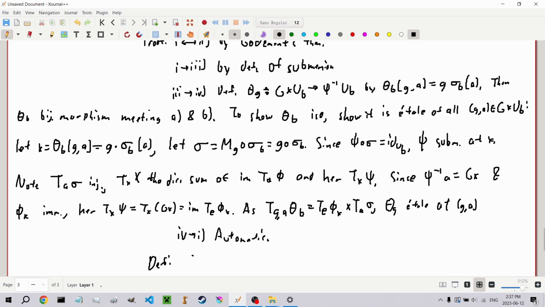The definition. So suppose we have such a quintuplet x, v, g, c, b.